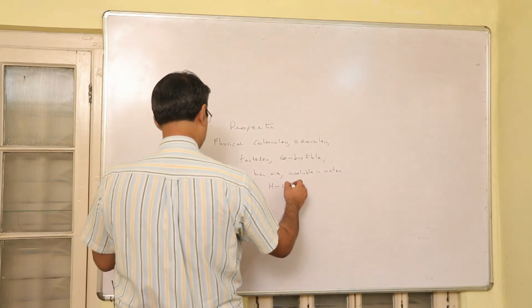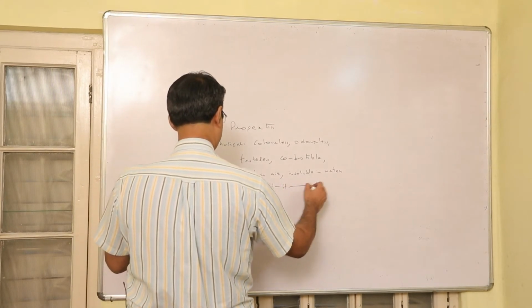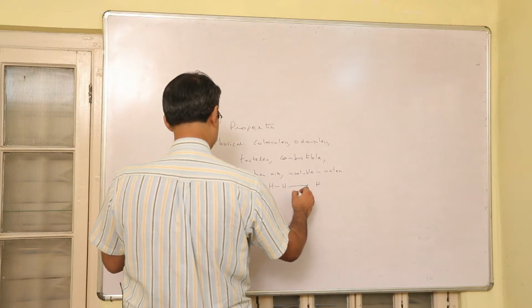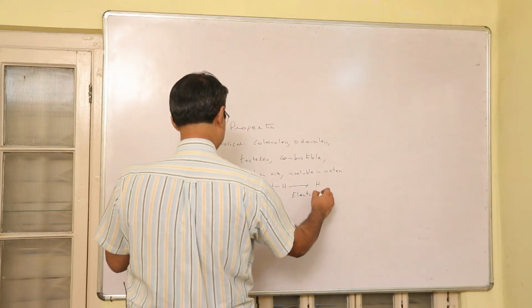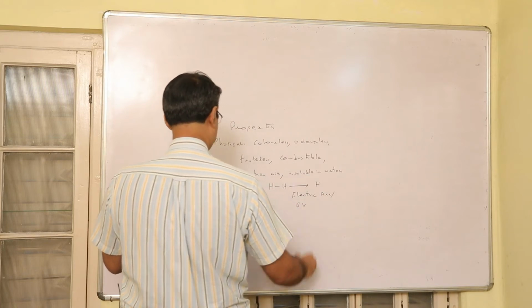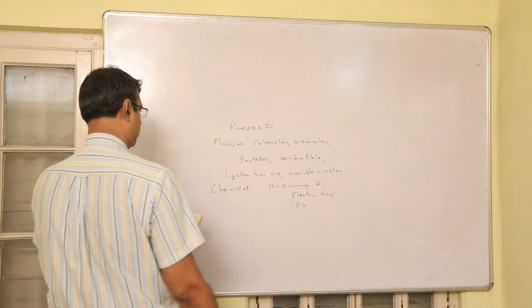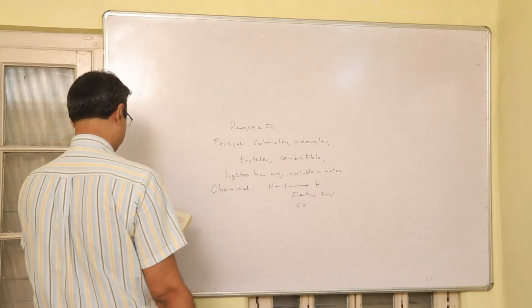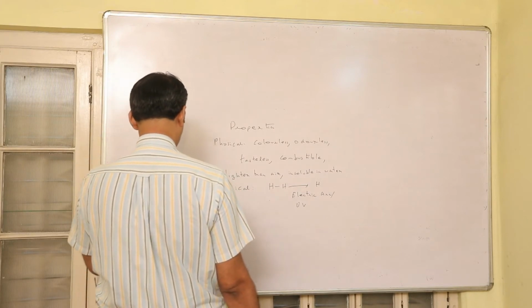So if you want to obtain atomic hydrogen, then you require a very high temperature. Such high temperature can be provided by an electric arc, or it can be provided by UV light. So in an electric arc or under UV light, you can get atomic hydrogen.